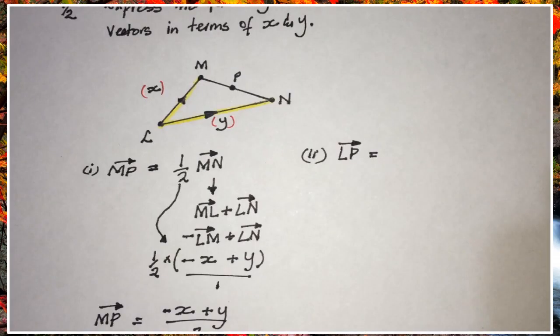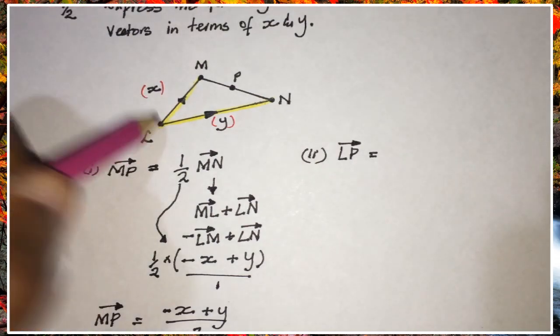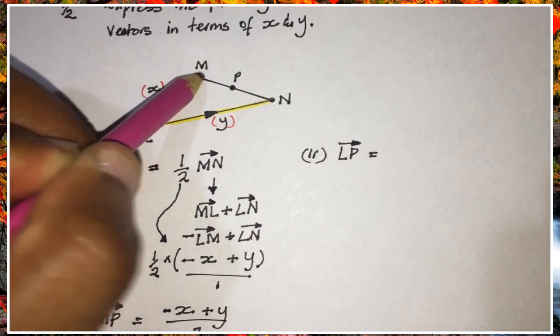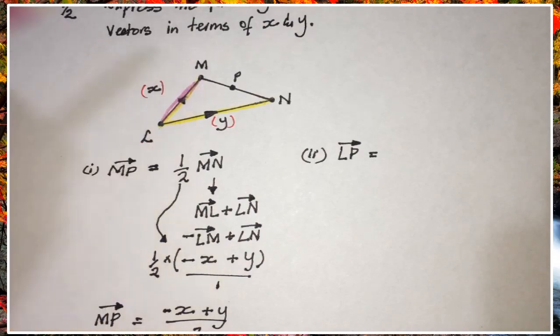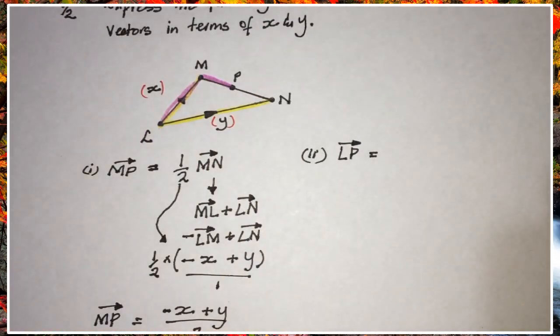Now we want to find the vector L to P. So it means we're going to start at L and travel all the way to P. So I could go L to M and then from M to P, right?